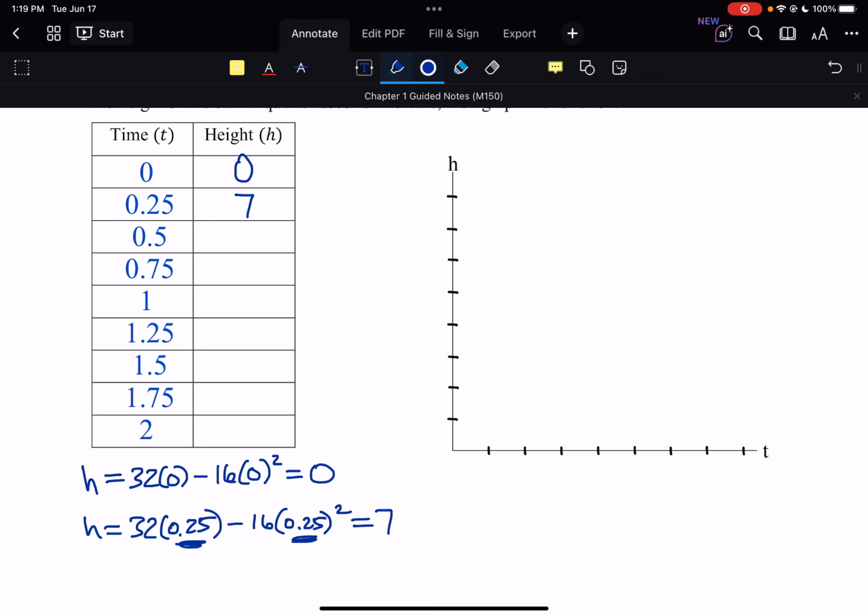So for 0.5, we get out 12. For 0.75, we get 15. 1 gives us a 16. Then a 15, a 12, a 7, and a 0.